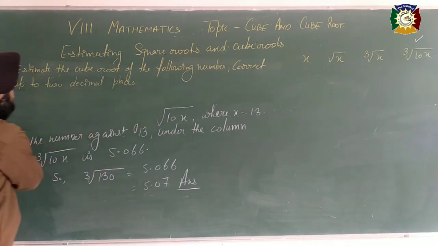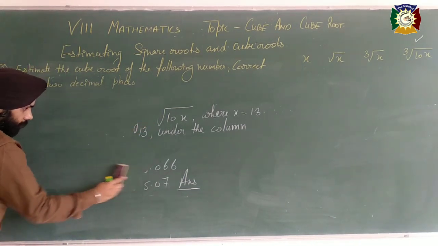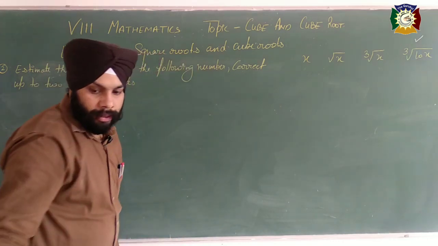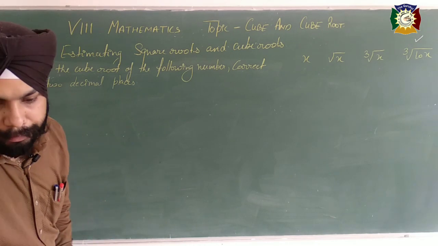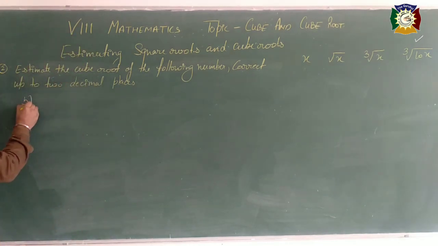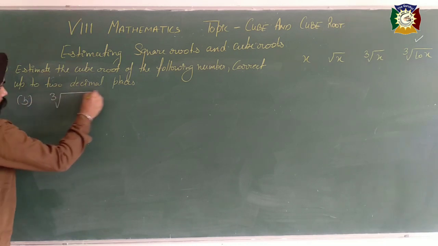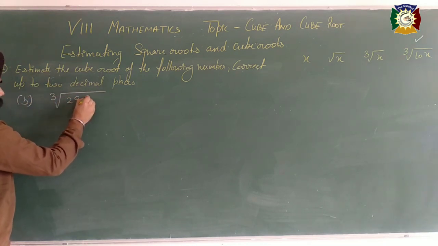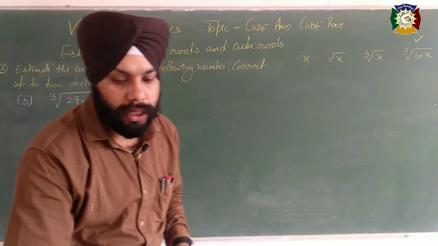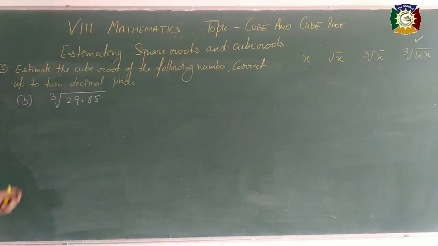Now one more question, the B part: find the cube root of 29.85. Again, this question is in decimal form.